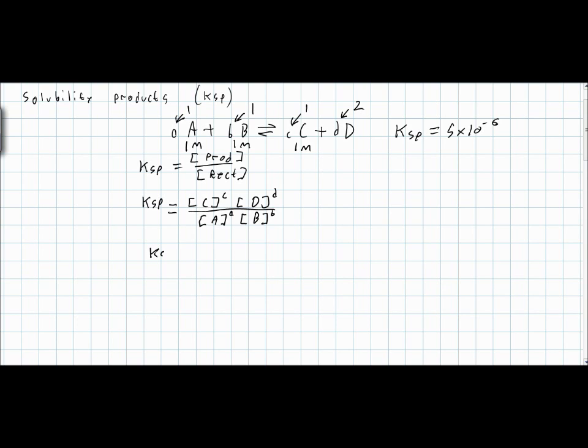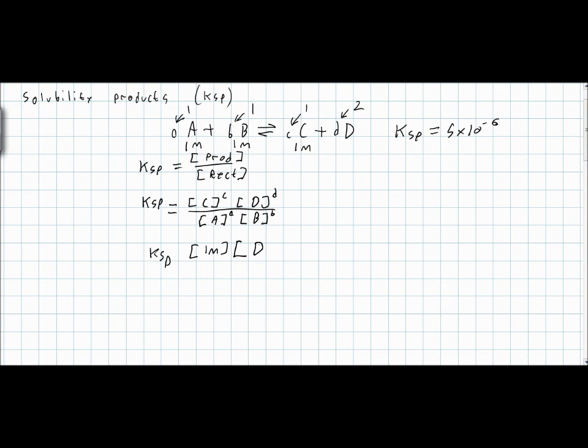So the KSP value is equal to C, which is 1 molar, to the power of c, which is 1, and anything to the power of 1 is always equal to itself, so it's not necessary to write that.